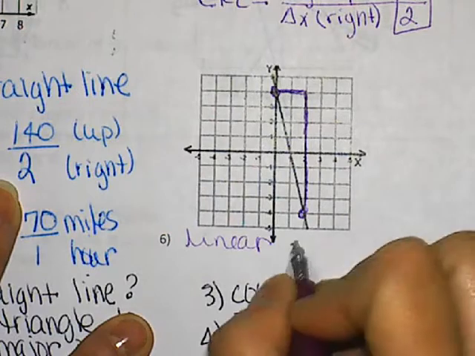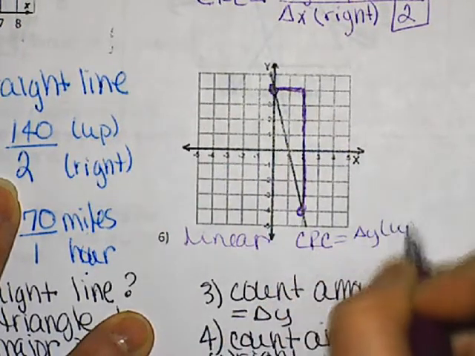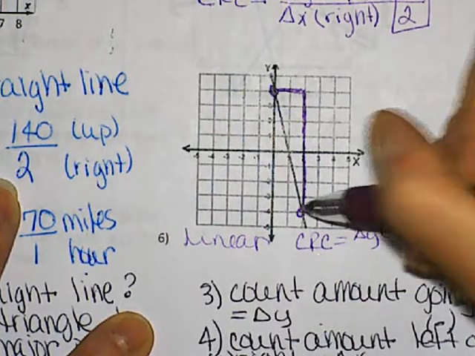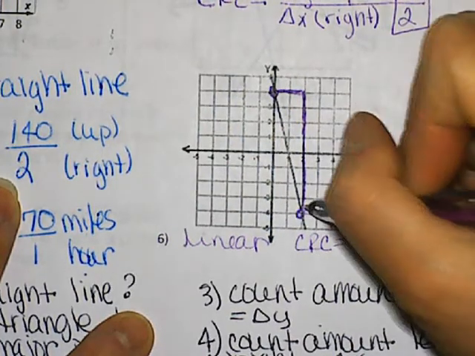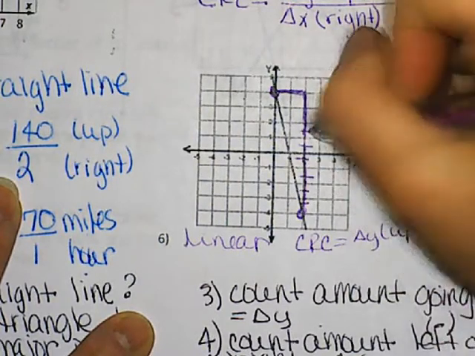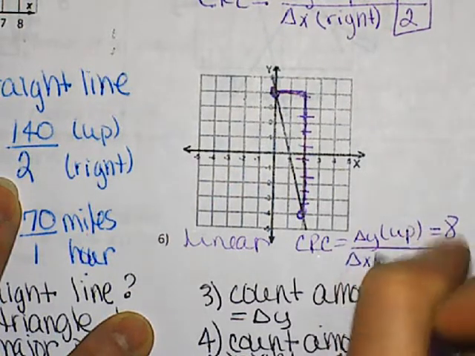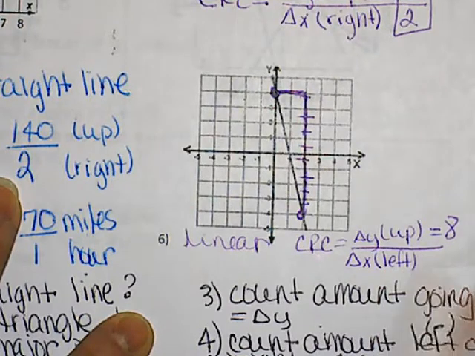and find my constant rate of change, which is the change in y, how much I go up. So it looks like I'm counting by ones again. So I get to go 1, 2, 3, 4, 5, 6, 7, 8. So I went up 8. The change in x is going left, which means it is what?